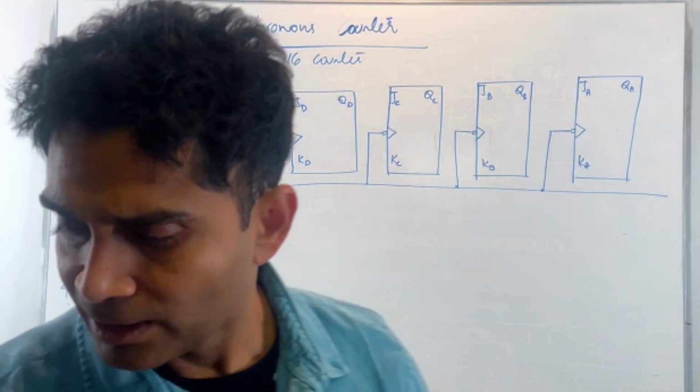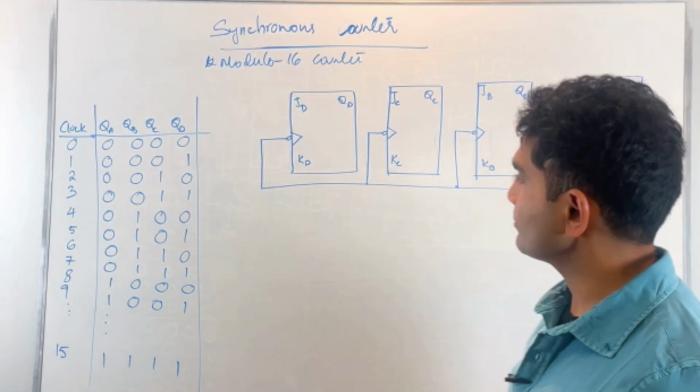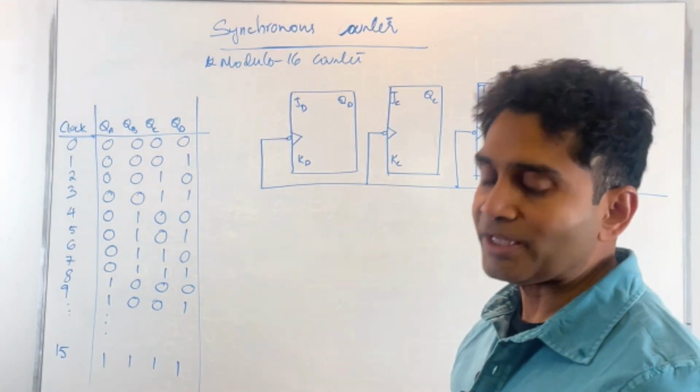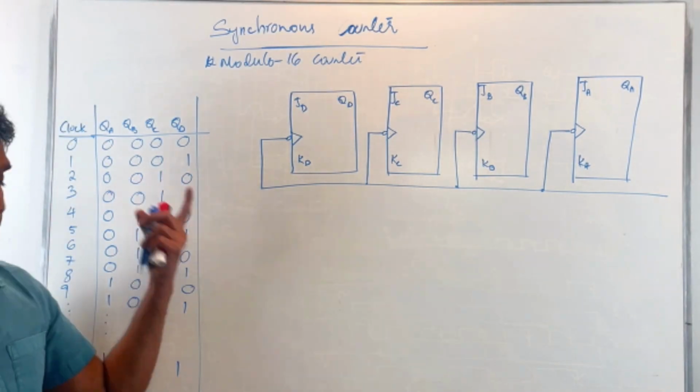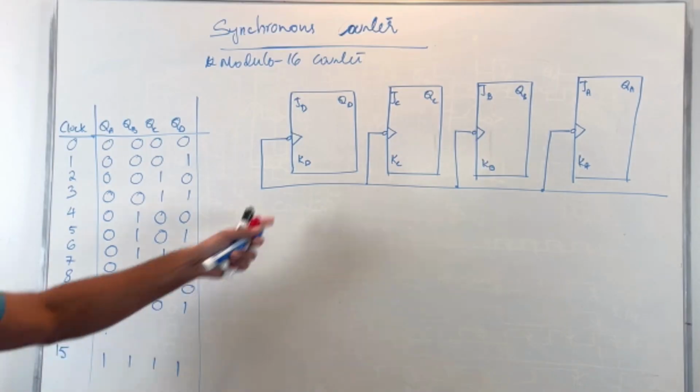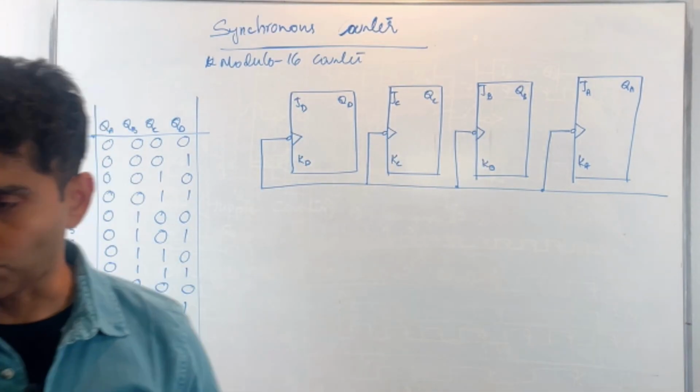Right? This is the desired sequence of counts that I need for each clock pulse. With each triggering instance, I want these particular values on each of my flip-flop outputs.